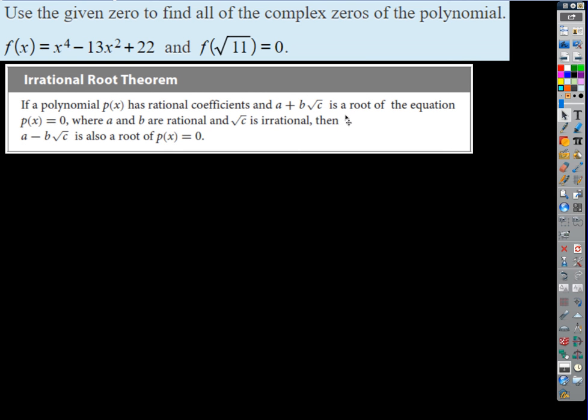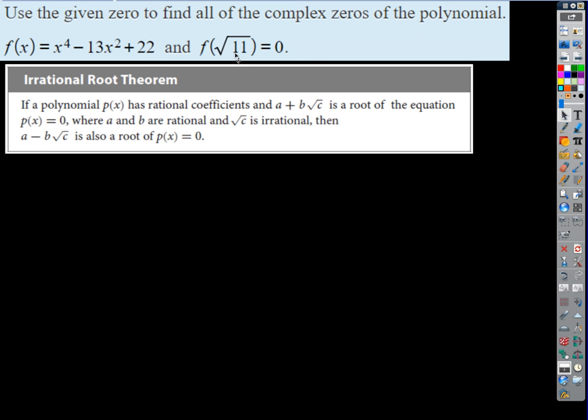Now let's focus here. We got 1 minute, but I want you to take this thought with you. If a polynomial has rational coefficients, and we know that a plus b radical c is a root of the equation, then that also has to come with a conjugate, another root, a minus b radical c.